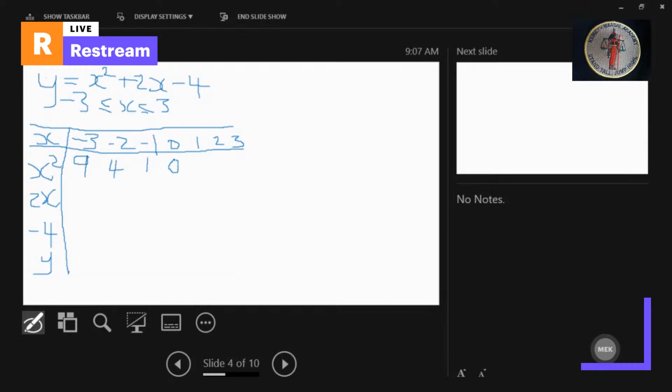All right, so when we square all these, this is what we get. And after we square them, we go back to the x's and multiply them by 2.